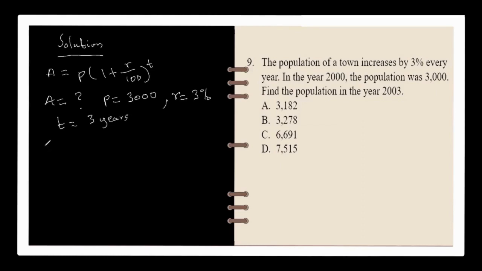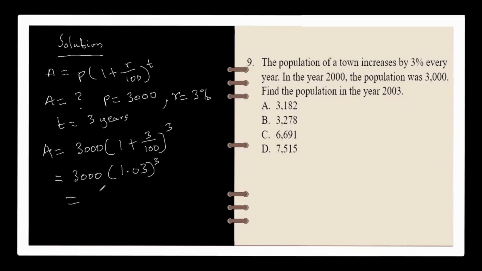So we put all this together. We are looking for the new population. That gives us 3,000 times 1 plus 3 over 100, all raised to power 3. If we use a calculator, this is 3,000 times 1.03 raised to power 3.